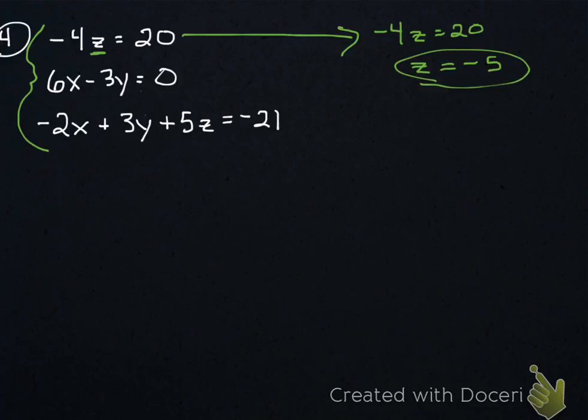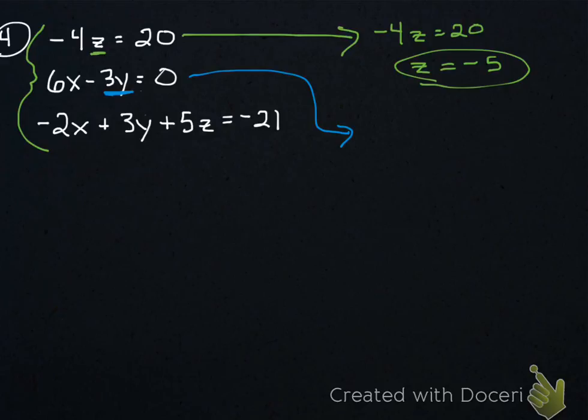That's awesome. I can plug that in a minute, but let's look at one of the other equations, because the next equation just has an x and a y. So I can't plug z into that one, but I can do something to solve it. I'm going to solve it for the one that has the smaller of the 2 coefficients. Alright?